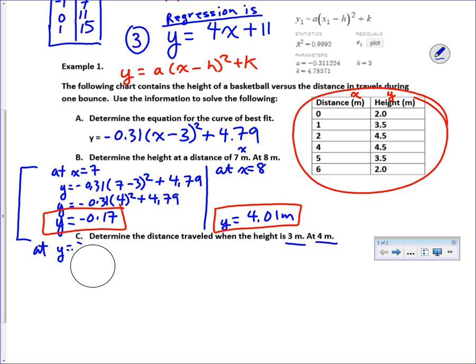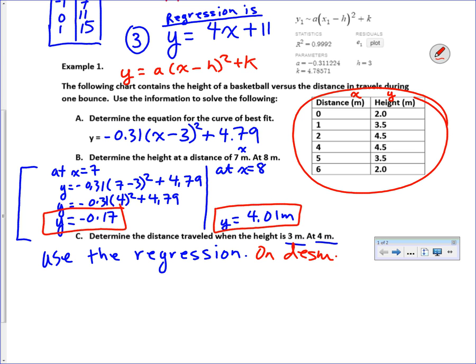We'll skip this. We won't do that. So what we'll do is use the regression. You're going to find out where the height is 3, and you're going to use the regression that you have on Desmos to find what you're looking for.